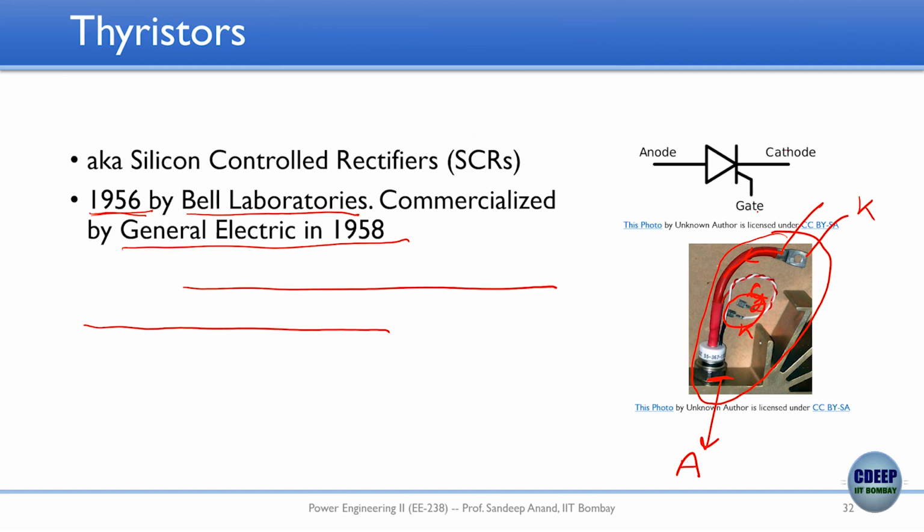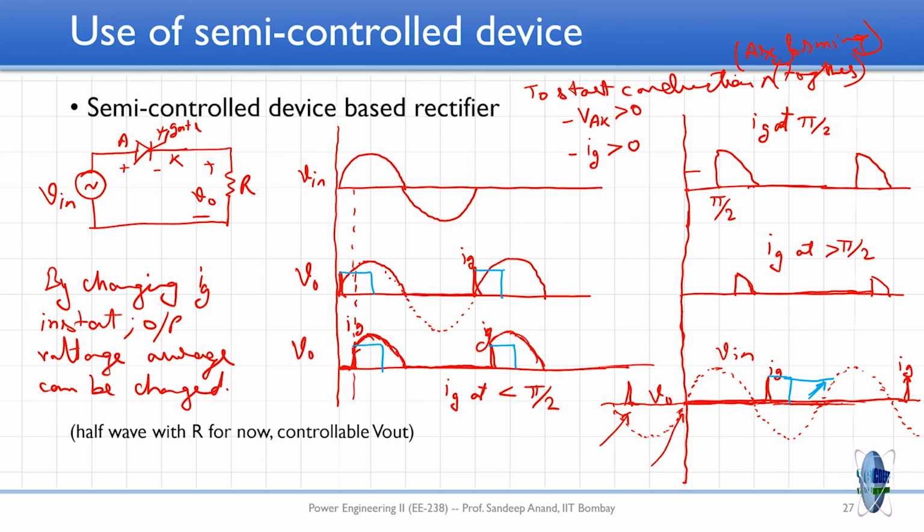So, let us go back. Let us come back to this case, right? When the device is on, that means in this region the device is on, this could be a thyristor, right? At each instant, what will be the current? Current will be output voltage divided by the resistance. So, the current is actually determined by the load.